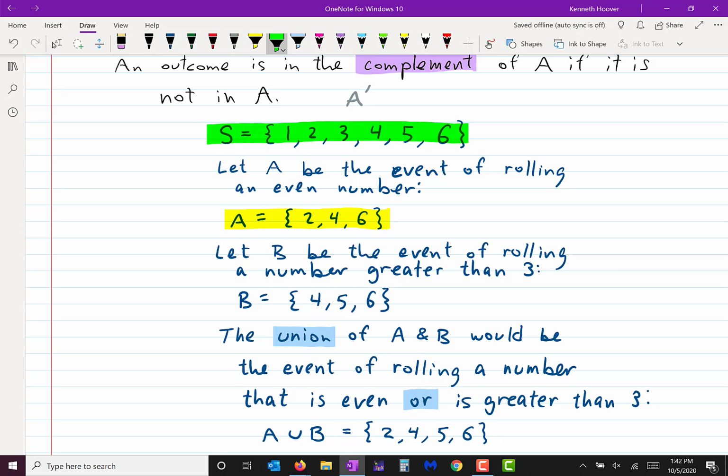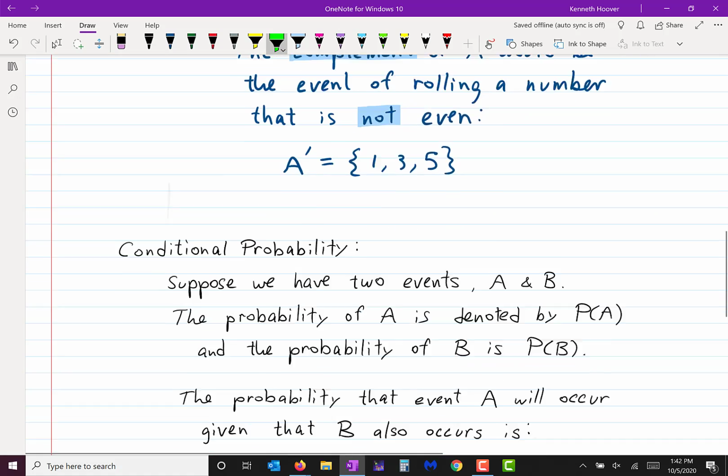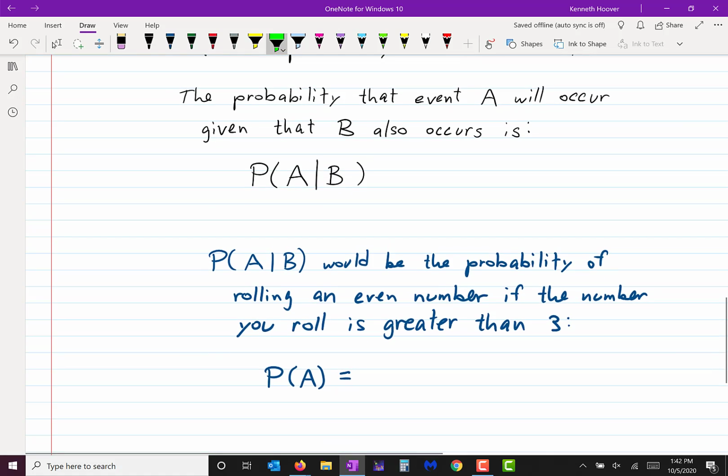So that would be 3 divided by 6. That's the probability of A in this example of rolling a die, which we should reduce. So it's a half, or if you prefer decimals, it's 0.5.